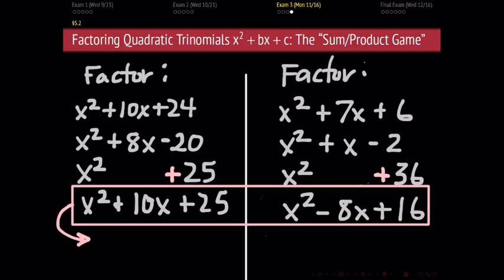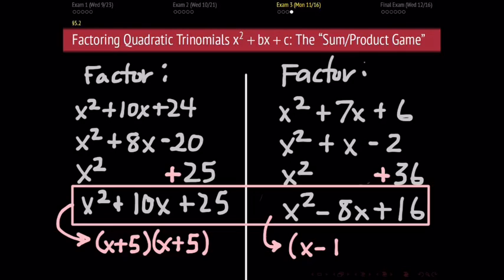Window side, what'd you get for x squared plus 10x plus 25? X plus 5 squared. Yeah. So you got x plus 5 squared, or x plus 5 multiplied by itself. X squared minus 8x plus 16, wall side? X minus 4, x minus 4.